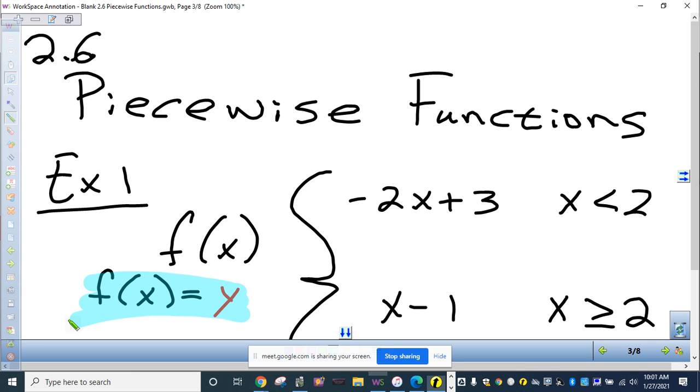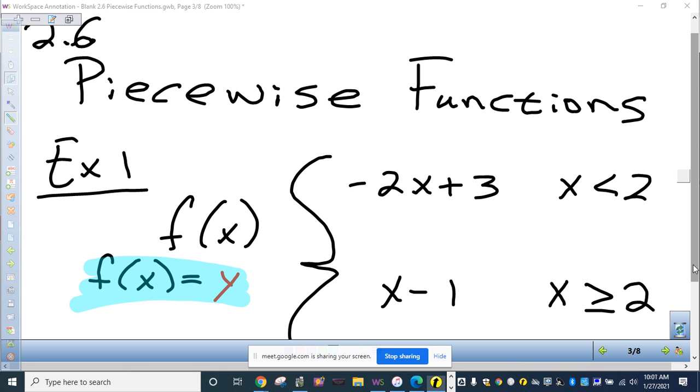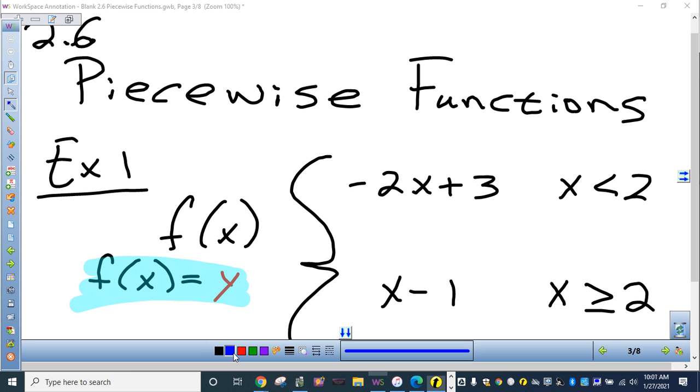So we're going to graph pieces of these lines, negative 2x plus 3. We're going to only graph that line, and I'm going to show you this right now because I think it'll help you in the long run. So this is the less than sign right here. So we're going to graph on the left side of that equation, x is less than 2.